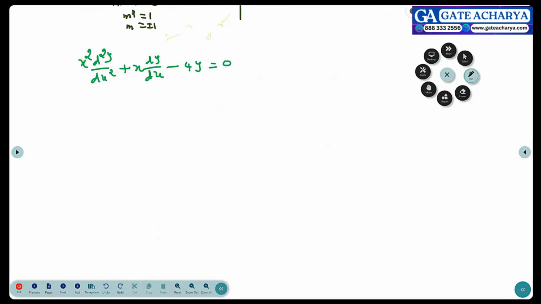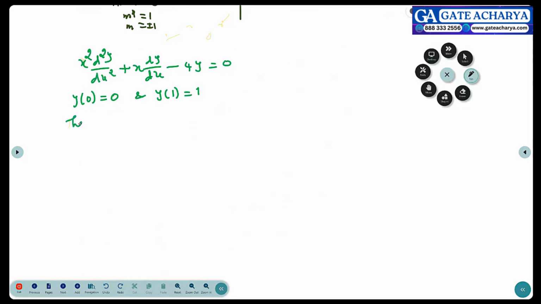With the boundary condition of y of 0 is equal to 0 and y of 1 is equal to 1.